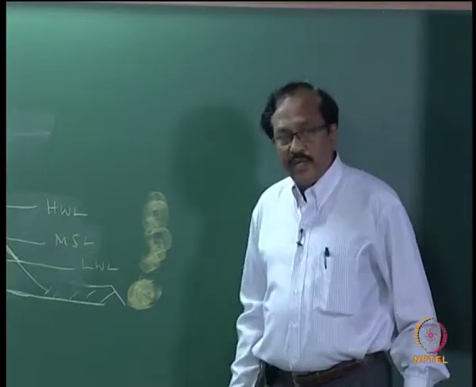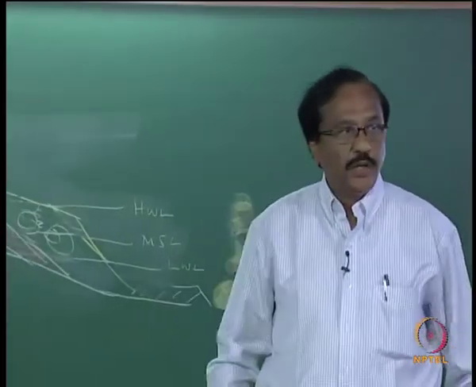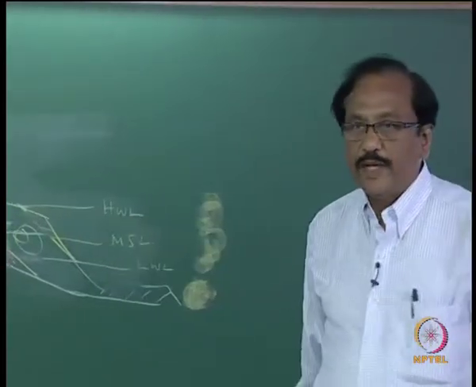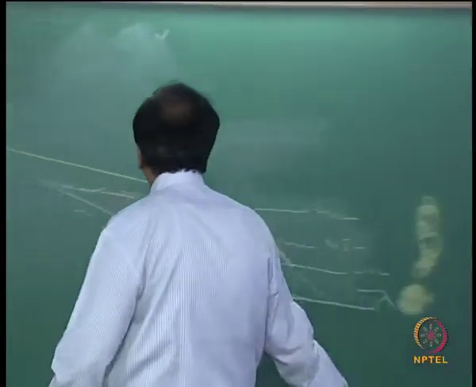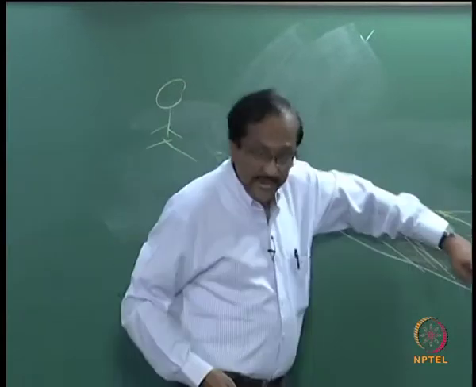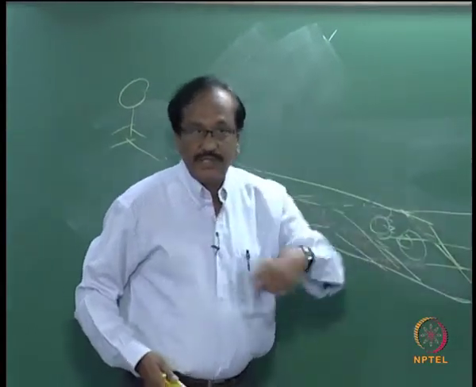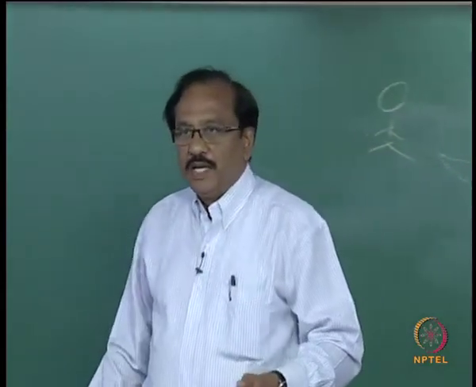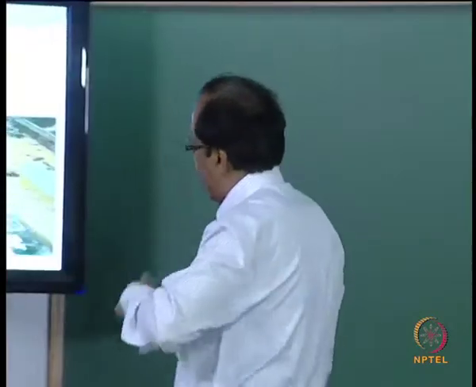In a location where you have a lot of bed load compared to your suspended load, you need not have it all the way up, so you can have it like this. This also results in saving of material. At the same time, the purpose of trapping the sediments moving along the coast is also achieved, you understood.